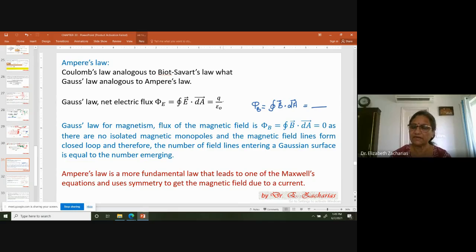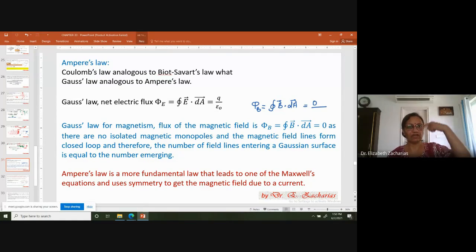It will not be possible to write anything because there are no isolated magnetic monopoles. You don't have a separate north pole and a south pole, whereas in electrostatics you have positive charge and negative charge. Here you don't have that luxury. So it just becomes zero.